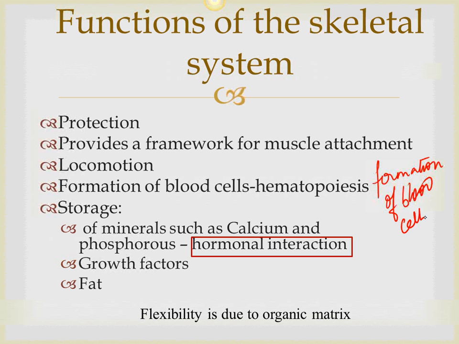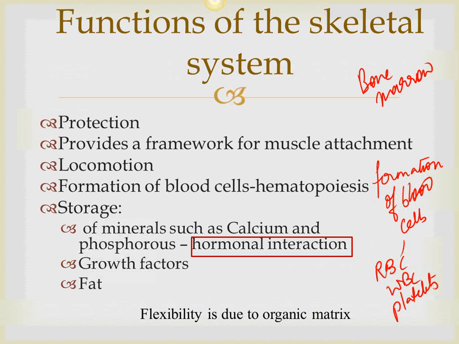So remember, all the blood cells, the RBCs, WBCs, and platelets. Again, a review of blood. All of this is formed in bone marrow, which is present in bones. In certain parts of your body, you have bones which are very long. These are known as long bones.